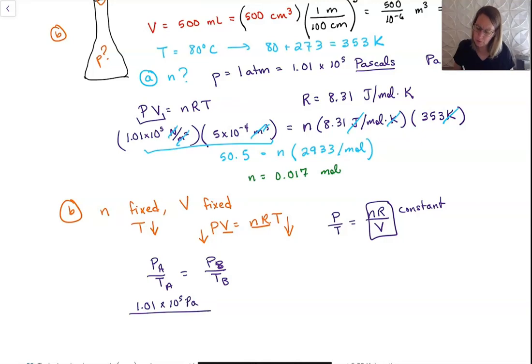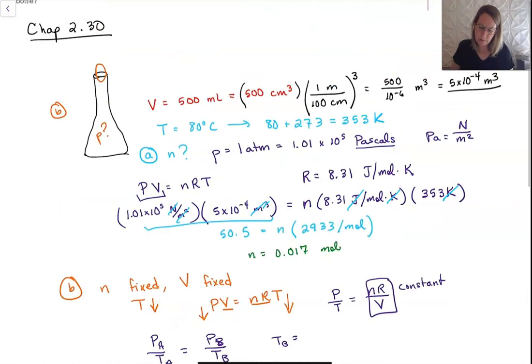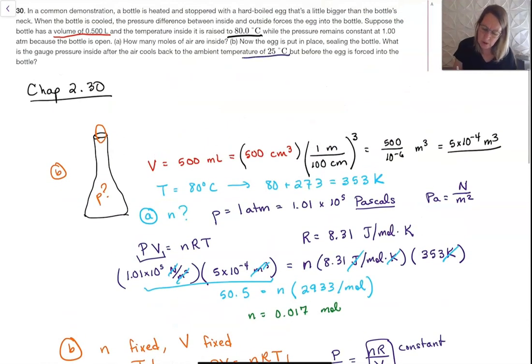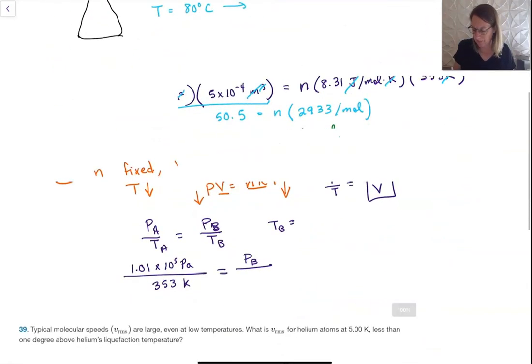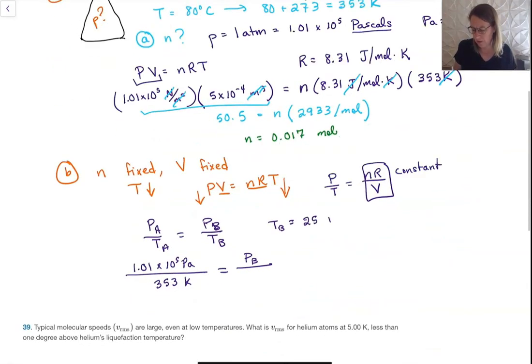Temperature of A was 353 Kelvin, is equal to pressure at B, that's what we're asked for, and the temperature at B, the problem says, is 25 C, so 25 plus 273 gives me 298 Kelvin.